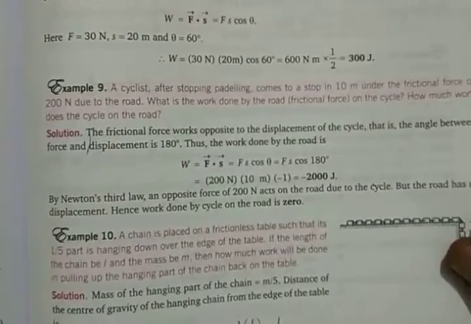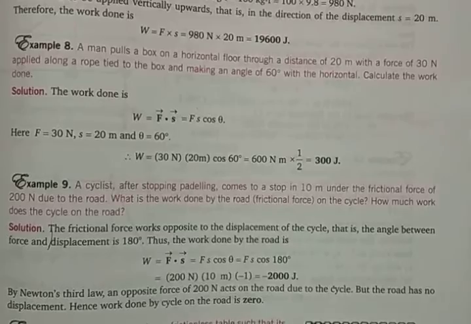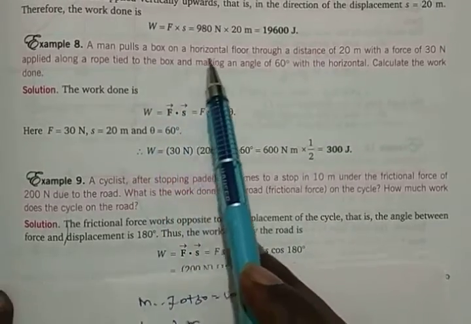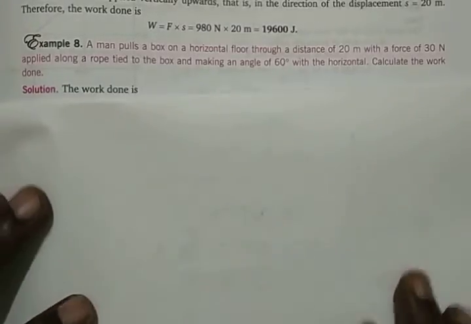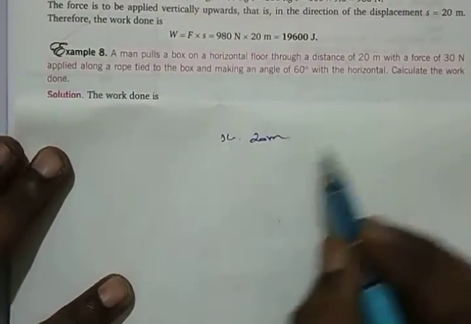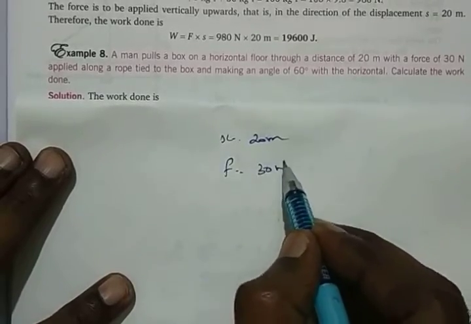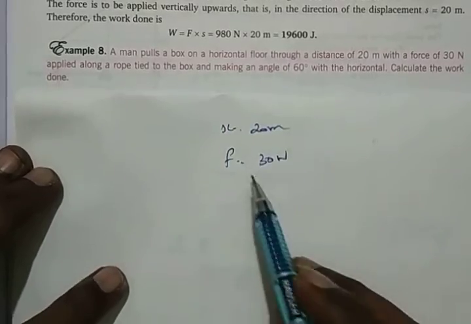Question number 8. In the next page, a man pulls a box on a horizontal floor through a distance of 20 meters. So x is going to be equal to 20 meters, and the force given is 30 newtons along a rope tied to the box at an angle of 60 degrees.